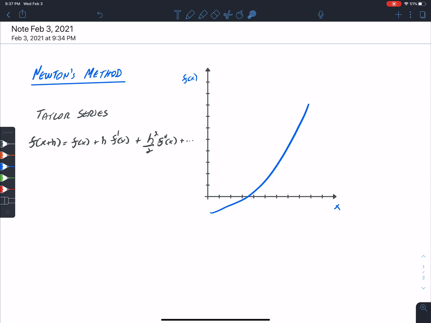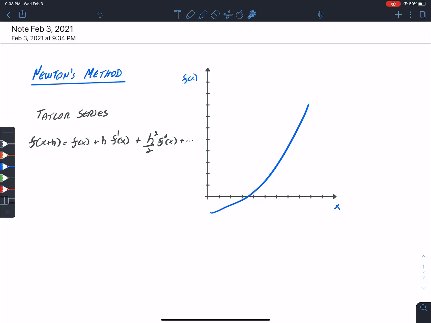And we can estimate this by a linear combination of the value of the function, the value of the first derivative, the value of the second derivative, all of these evaluated at point x. If we choose a small h, we just multiply h by these derivatives, and we should get an approximated version of the function. And the more terms we take in the series, the closer and closer our approximation will get to the actual function.